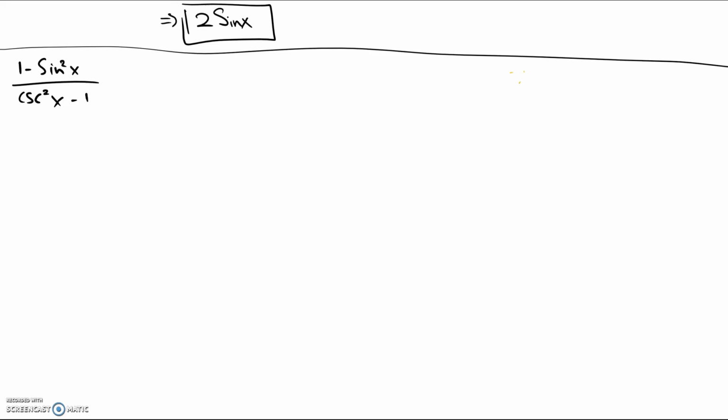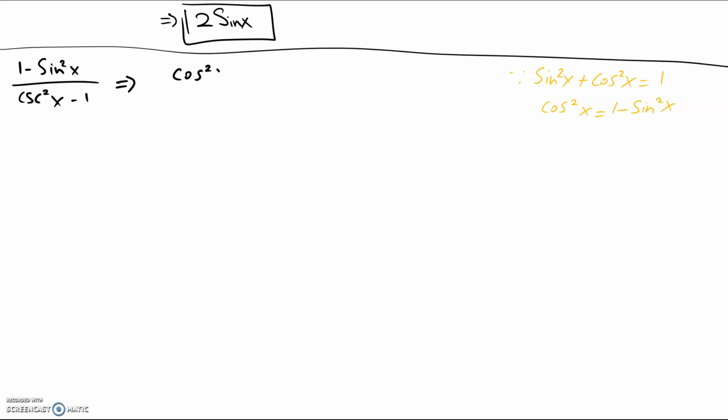Remember that identity that we know, sine squared x plus cos squared x is equal to 1, correct? And if I rearrange this identity, it's going to be cos squared x equals 1 minus sine squared x. Okay, I will use this identity in the given expression.